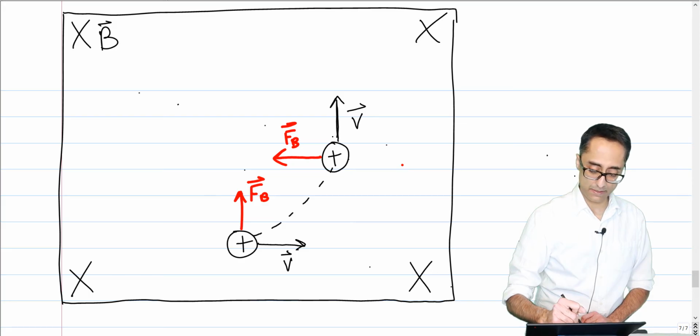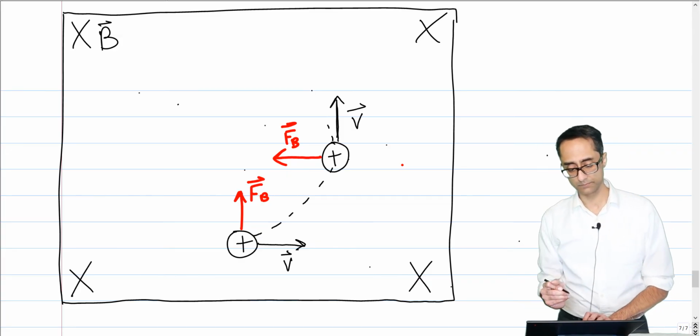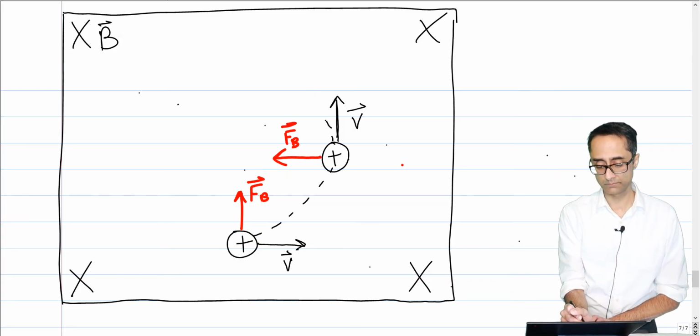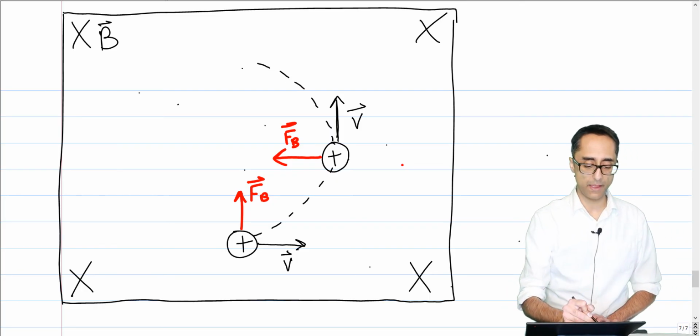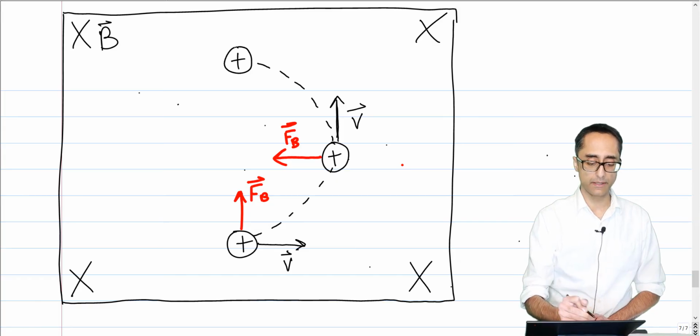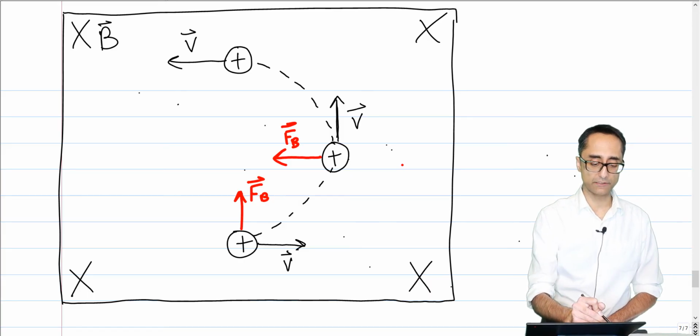And once again, our charged particle now ends up here as it continues to change direction. Its velocity is to the left. And guess which way its force goes?